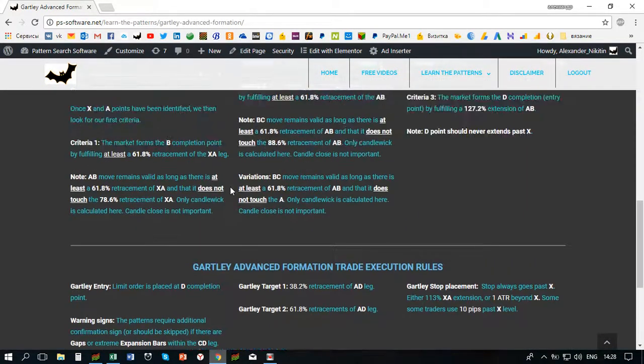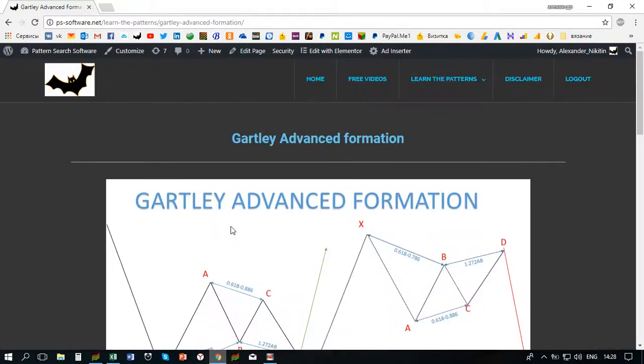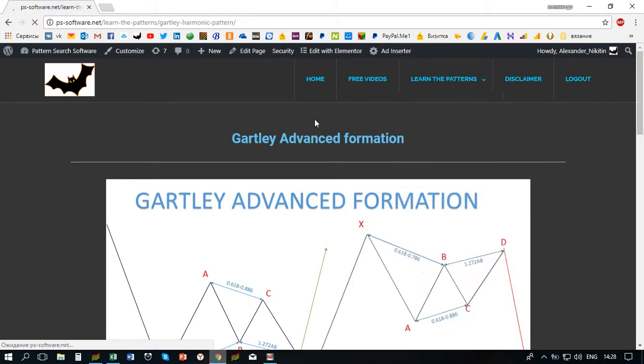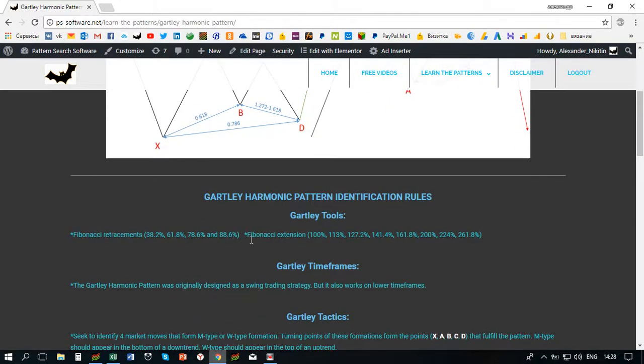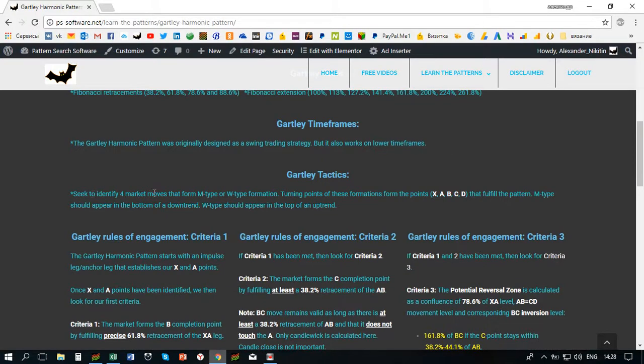If you go to description, the Gartley advanced formation starts from an impulse leg. No, it's not that. Maybe harmonic pattern. Fibonacci extension. Okay, seek to identify. Here it is.